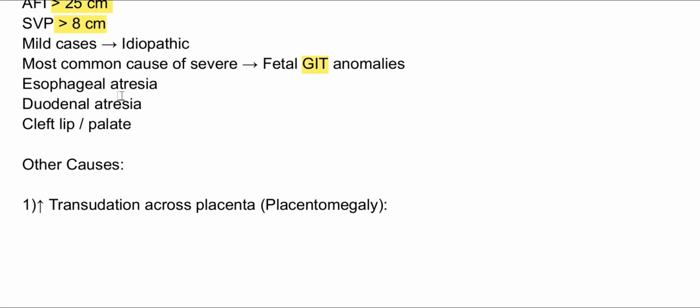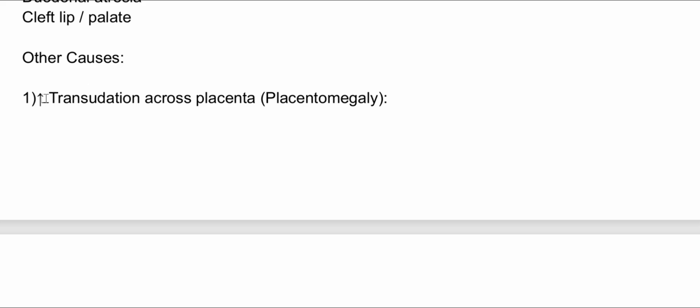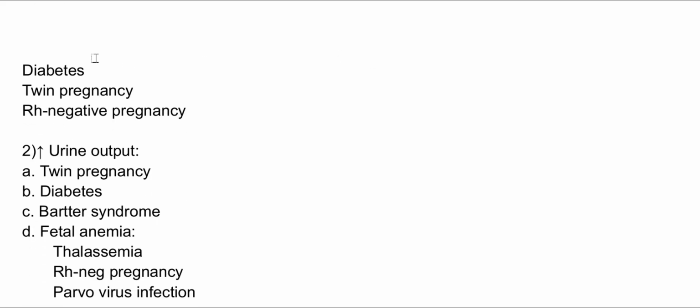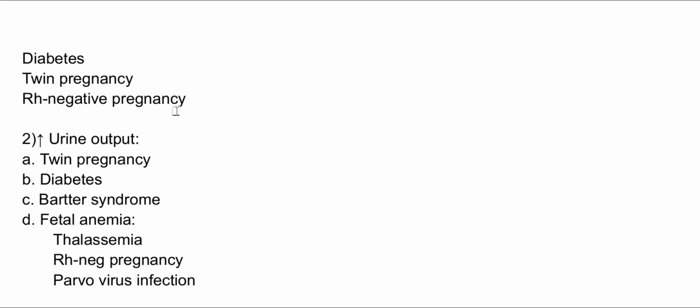In duodenal atresia, we will see double bubble sign. Other causes can be increased transudation. In oligo it was decreased, whereas in poly it is increased transudation, seen in placentomegaly. Conditions can be diabetes, twin pregnancy, or Rh negative pregnancy.